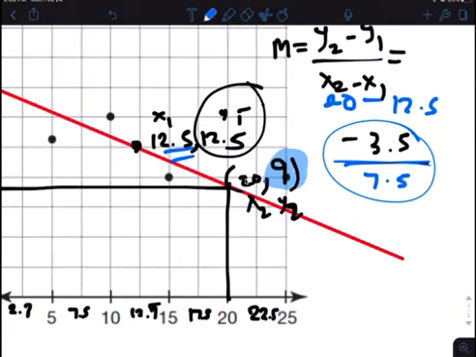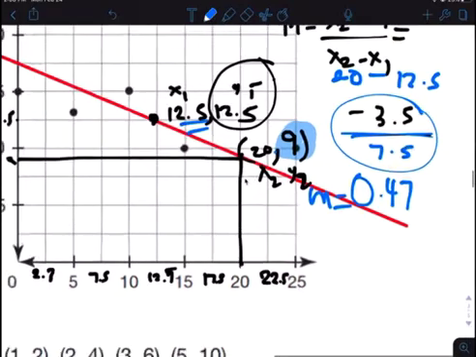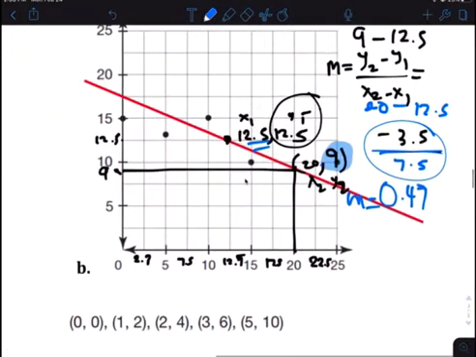So your rate of change is 0.47, rounding the 6 repeating, and that's your answer.